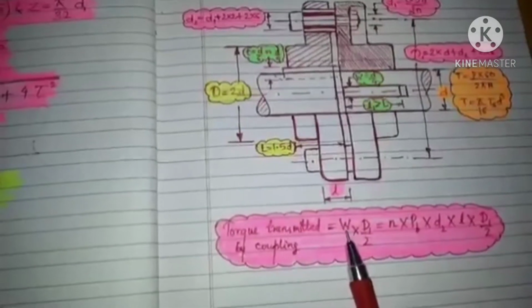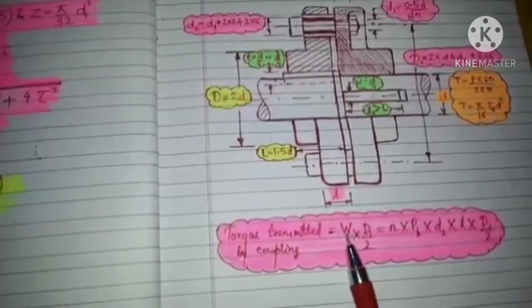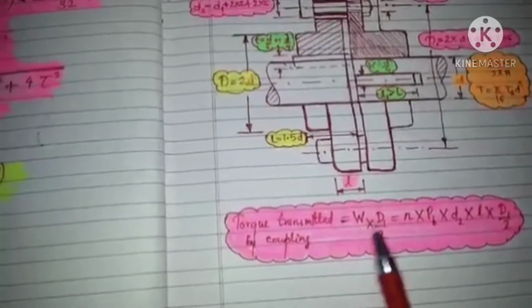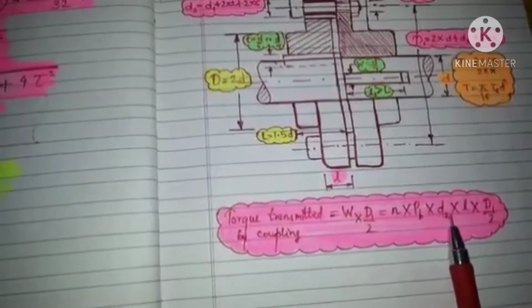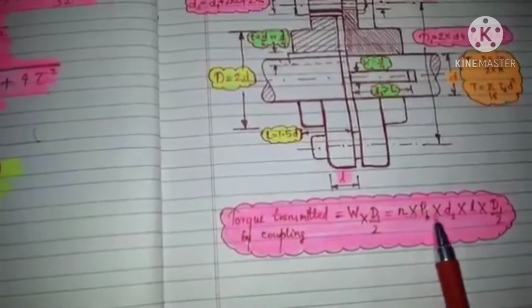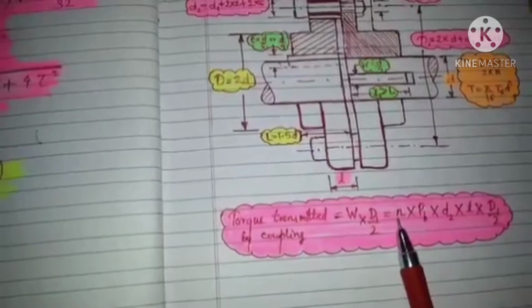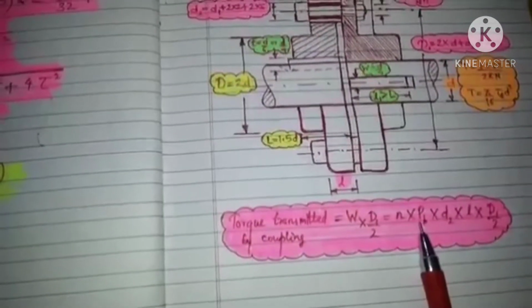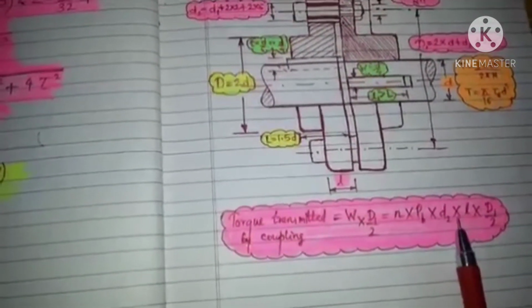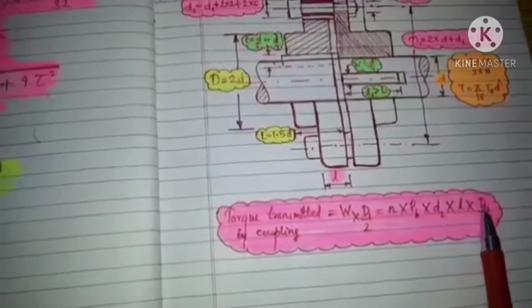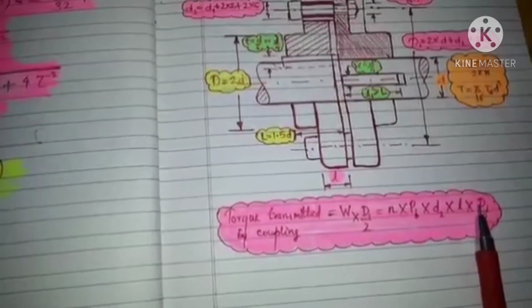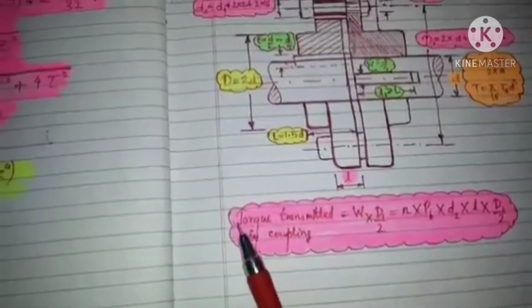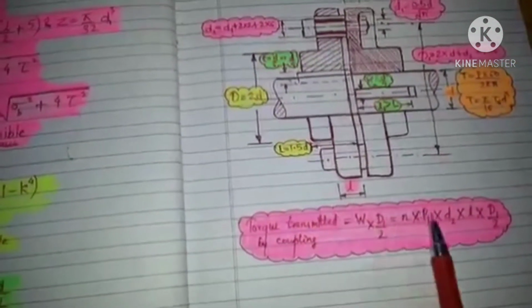Now W is the bearing load on all the pins, and to find that we use the formula N into PB into d2 into l. Here N is the number of pins, PB is the bearing pressure on the pin or bush, d2 is the diameter of the bush, and l is the length of the bush in the flange. D1 is the diameter of the pitch circle of the pins, divided by 2. With this formula we can find small l.